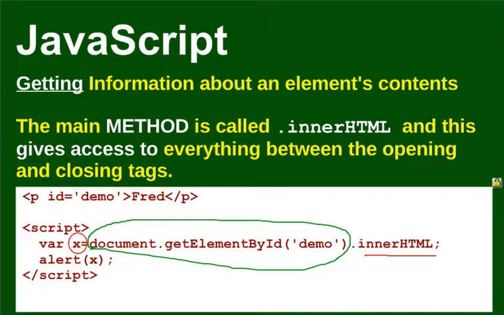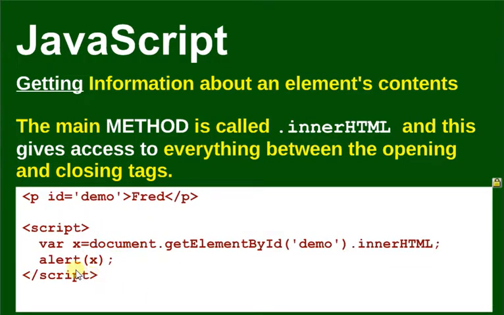So when this runs, the alert X will pop up a box with the word Fred in it, because X has now got the inner HTML of the paragraph called demo.